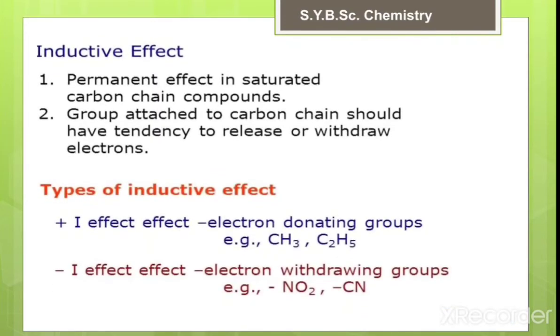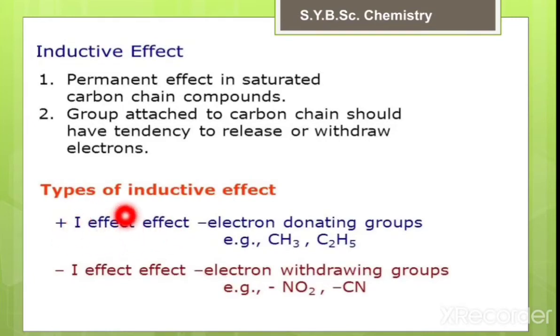And we have to remember that the inductive effect is a permanent effect in saturated carbon chain compounds. The group attached to the carbon chain should have the tendency to release or withdraw electrons. The inductive effect has two types, the plus I inductive effect and the minus I inductive effect.